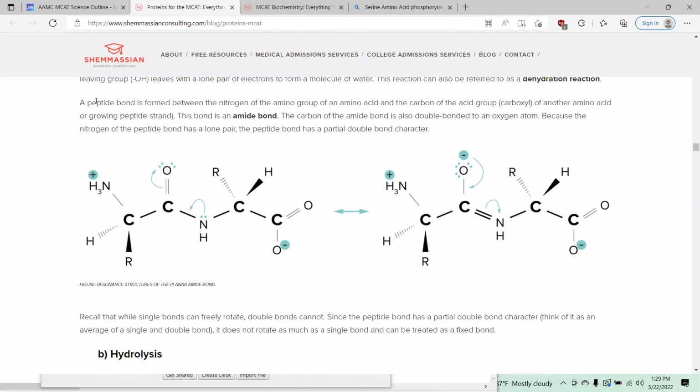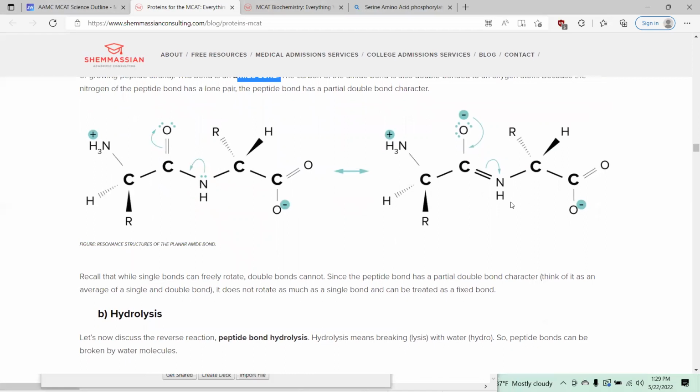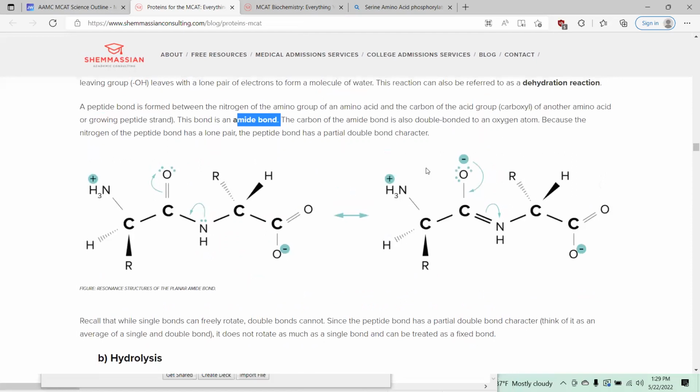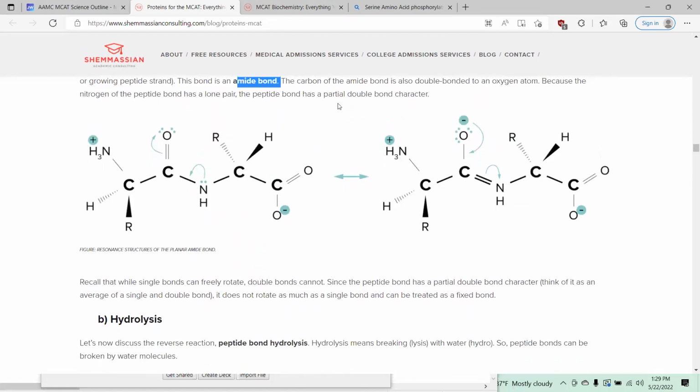Amide, yeah, and a peptide bond is an amide bond. That's also very important to know. An amide bond is this bond right here, basically, this C and the N. And the other thing that's important to see here is they call this thing partial double bond character. What this means is, this here is a single bond between the C and C, right? That means it can spin freely.